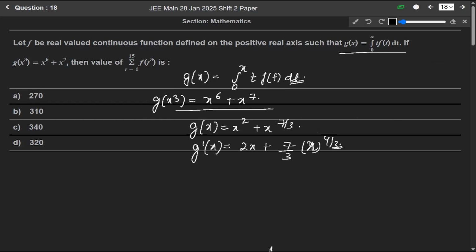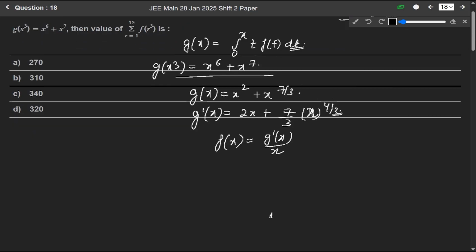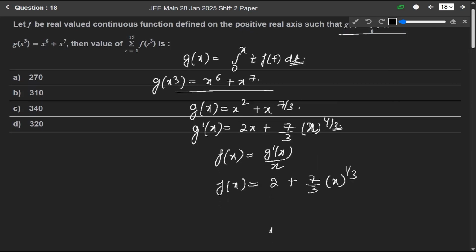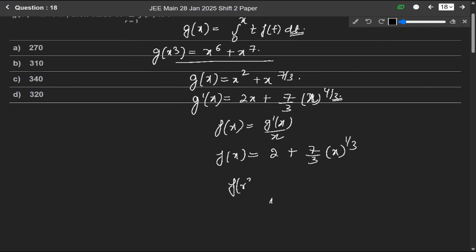Okay, so f(x) will be equal to g dash x over x, which means 2 plus (7 by 3) x^(1/3). Okay, so we have to find f(r cube), which will be equal to 2 plus (7 by 3) r.